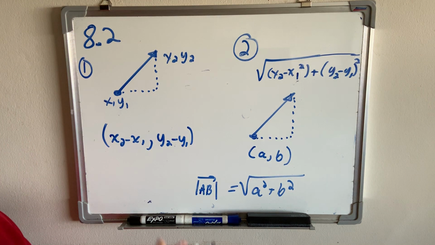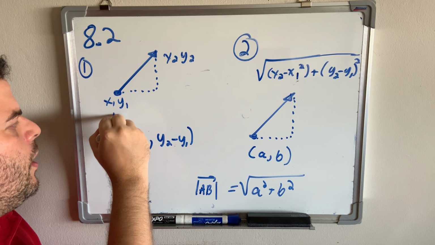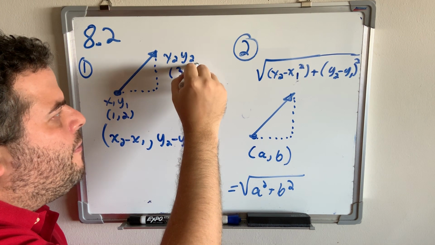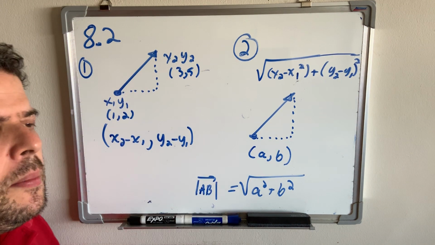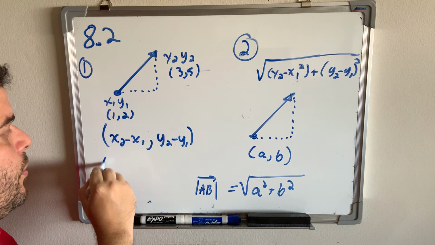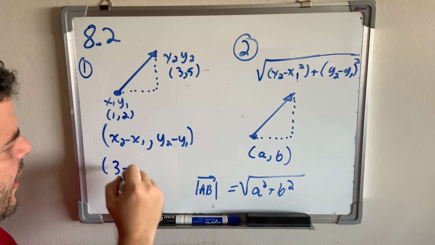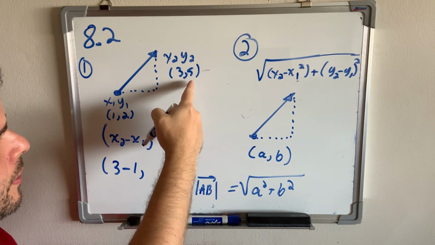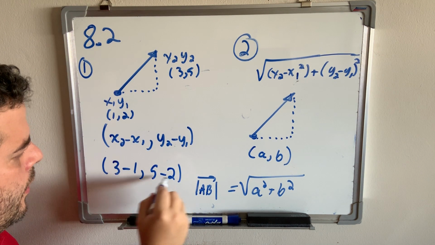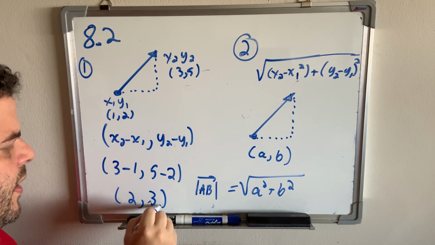For example, if they tell me a particular vector begins at (1, 2) and ends at (3, 5), and then they say, please write it in component form, all you have to do is x2 minus x1, y2 minus y1. 3 minus 1 is 2, 5 minus 2 is 3.